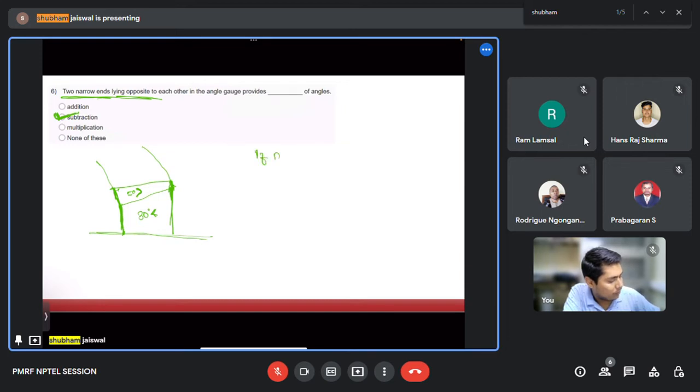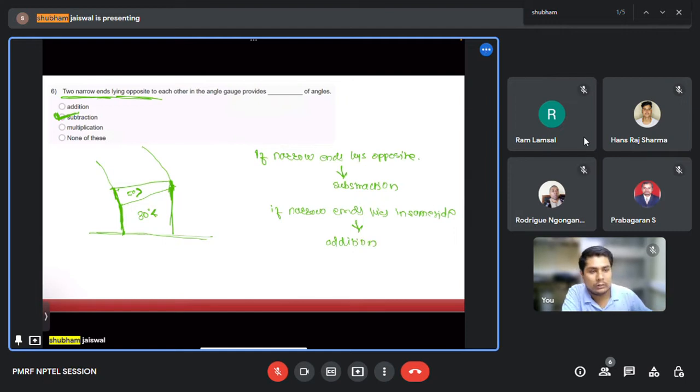If narrow ends lie opposite, it's subtraction. If narrow ends lie in the same direction, on the same side, then it's addition. Okay, this is just a simple question.